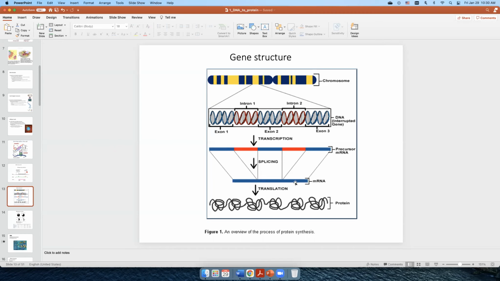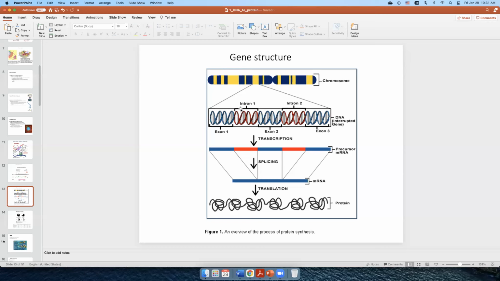And the information in this blue mRNA is the whole information for translation into a protein. So finally, it can be translated into a protein in the ribosome. So this is very interesting, because not everything in the gene is useful.